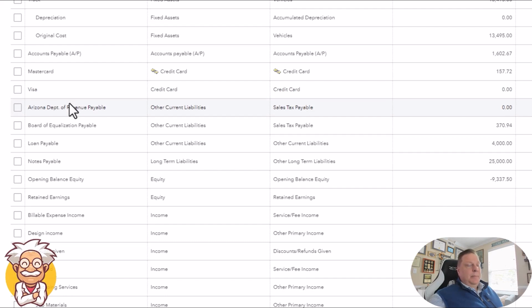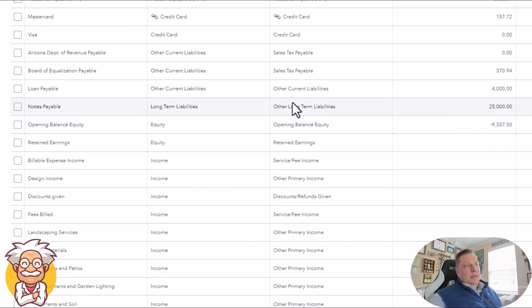You can also set up other current liabilities such as payroll liabilities that are owed to, say, the state and federal. You can set up maybe short-term loans that you have, and again, current, less than a year, long-term, greater than a year.